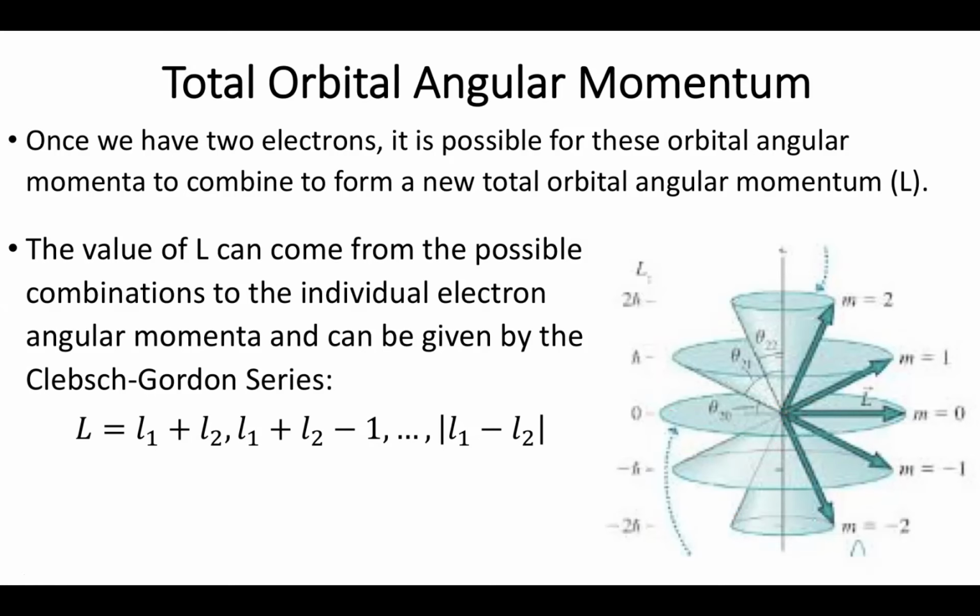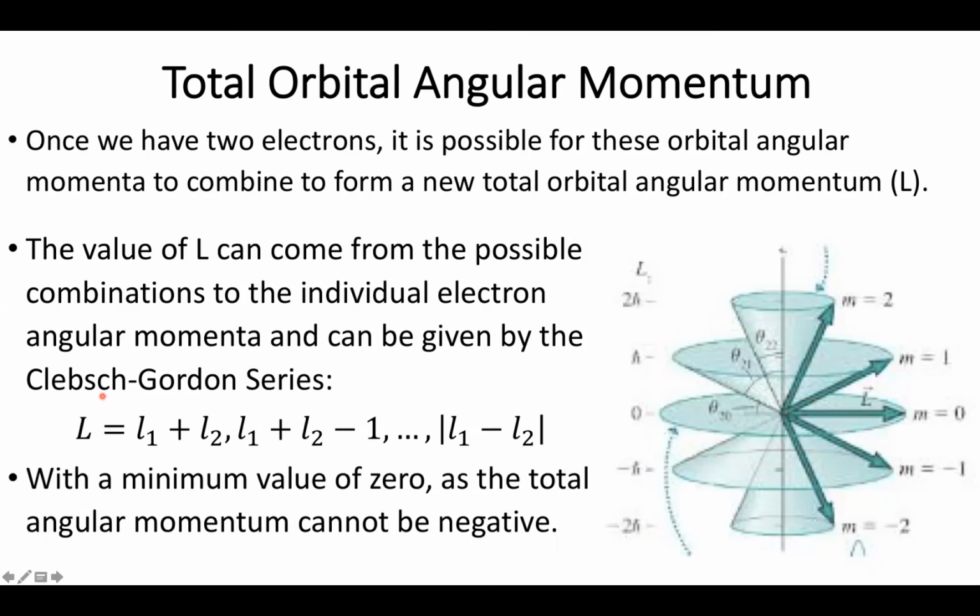Now, as you can imagine, as this system gets more complicated, there's going to be a lot of possible values. And we can help distinguish what values are going to be possible and which ones are not using something called a Clebsch-Gordan series.